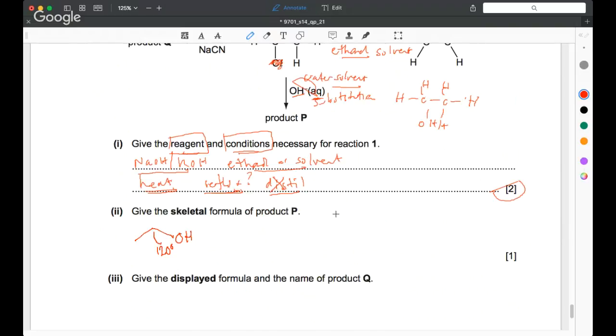All right. Now, just trying to understand that a little bit more, if I just drew the displayed formula for a very simple alkane, what's that alkane?